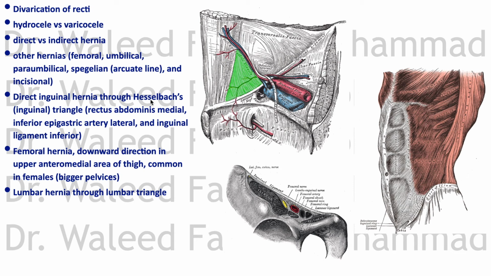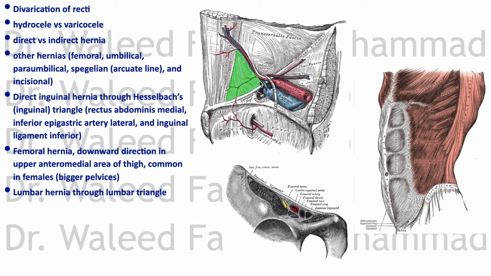Okay? The direct type is whatever invaginated the wall did not come through the deep ring. No, instead it invaginated or pushed its way from the posterior wall. This is the direct hernia, and it usually happens in this area here.